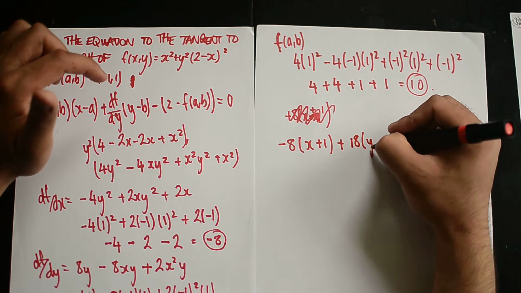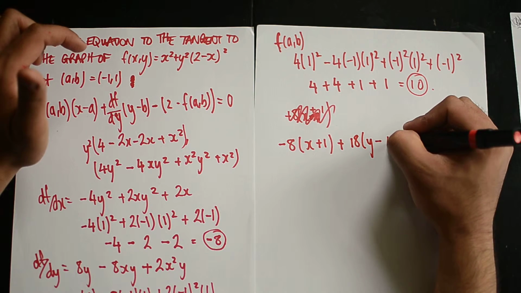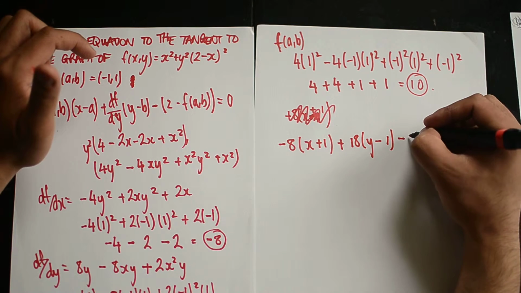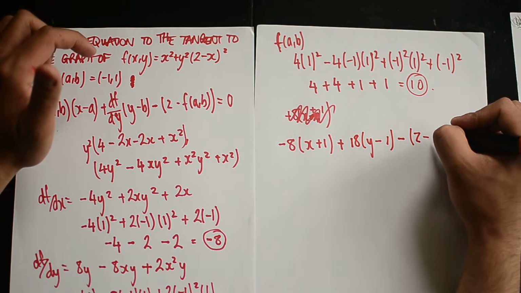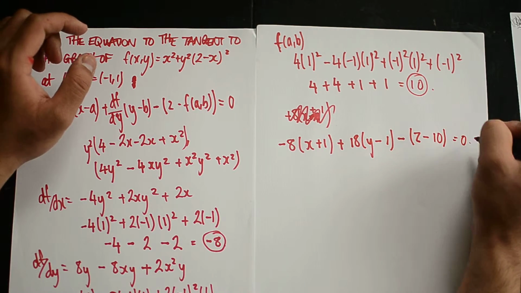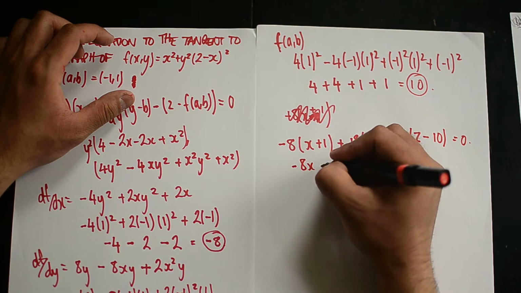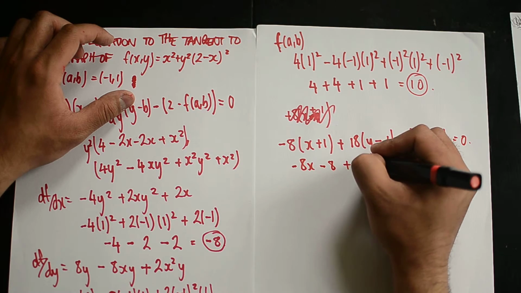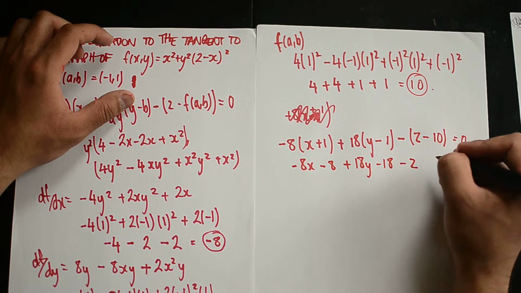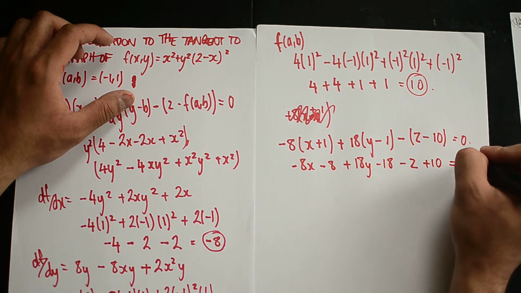times y minus b, which is 1, minus brackets z minus f(a,b), which is 10, all equal to 0. So you'll get minus 8x minus 8 plus 18y minus 18 minus z minus minus is plus 10, which equals 0.